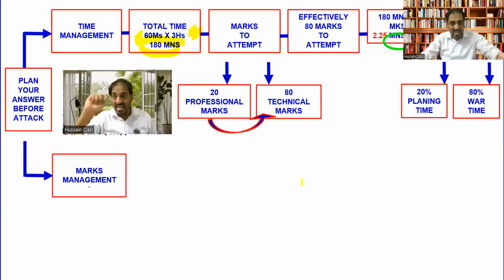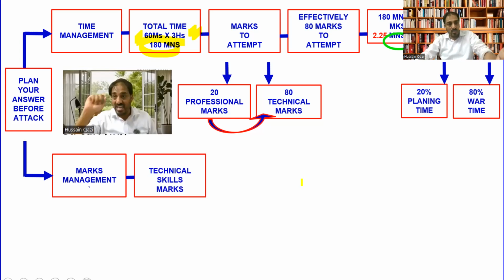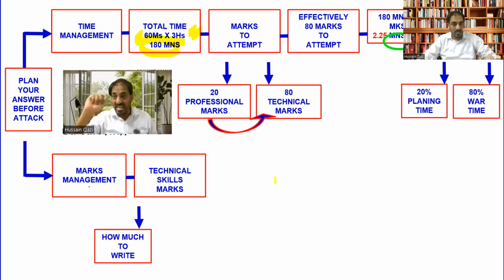Okay. Number two, marks management. For marks management, you have to consider that during the planning phase, you will consider whatever the examiner asks in the requirement. What technical marks I have to attempt. So that means first you have to think how much to write.